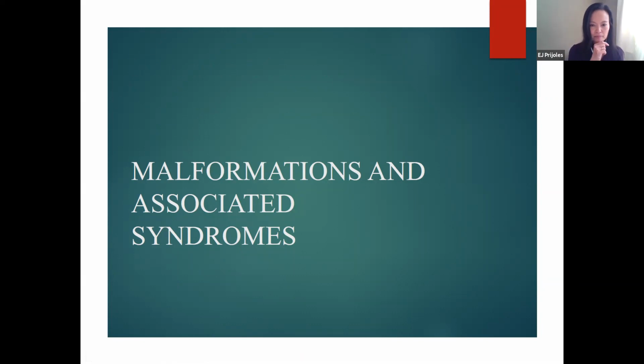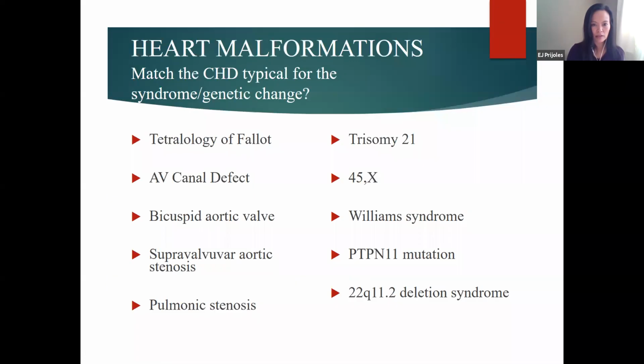All right. So this is a chance to just review some malformations and look at associated syndromes. And so here I just have a list of cardiac defects on the left and conditions or genetic changes related to syndromes on the right.